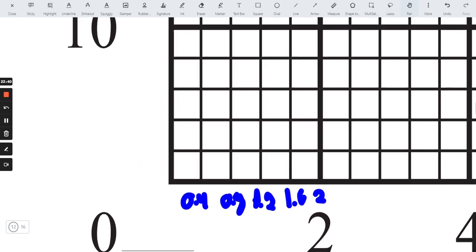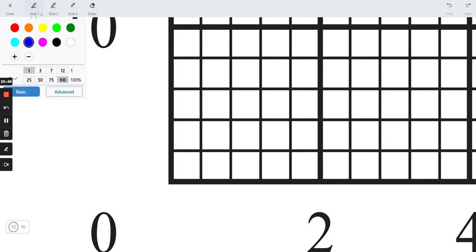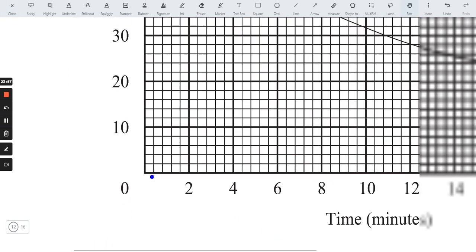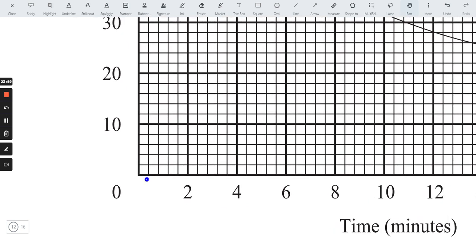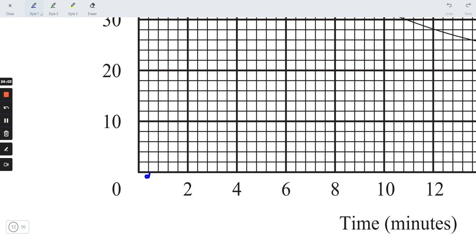Also, we have to understand here, it starts at 0. So this one up to here is 0.4.